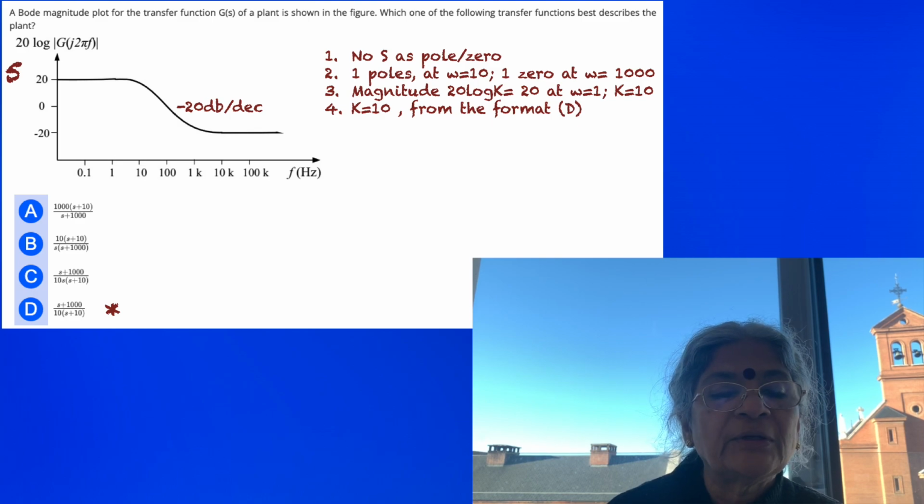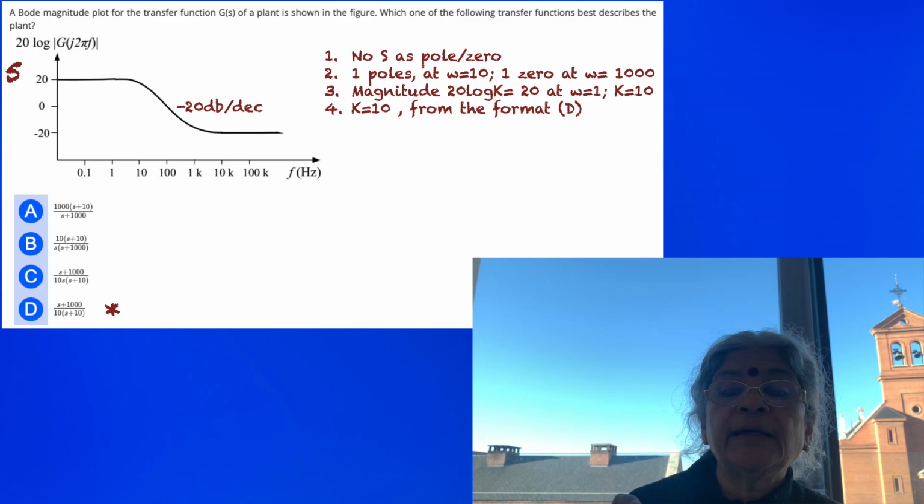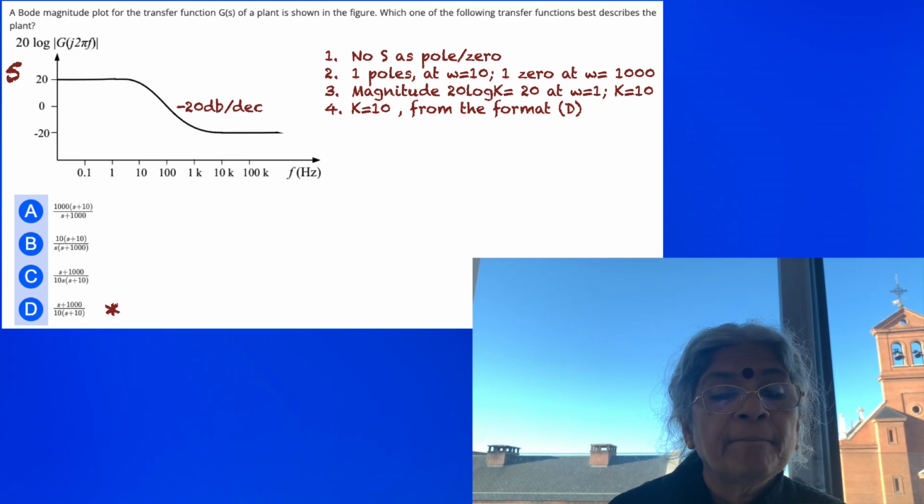So now let's look at the format. The format tells us that for k to be equal to 10, you should take out 10, and you should also take out 1000. So you will have a particular kind of appearance.